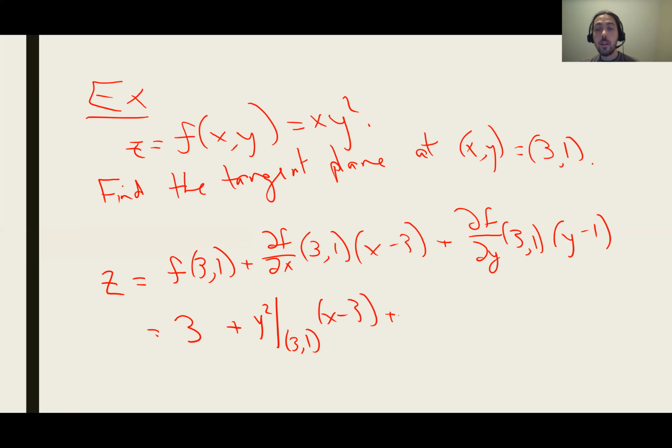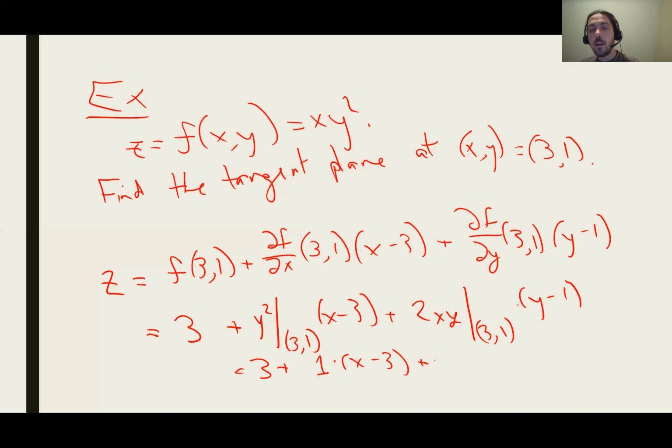And then the y derivative is going to be 2xy evaluated at 3, 1 times y minus 1. So here I'm just inserting an extra step to write down the partial derivatives. This gives me 3 plus y squared times x minus 3 plus 2xy, which is 6, times y minus 1.